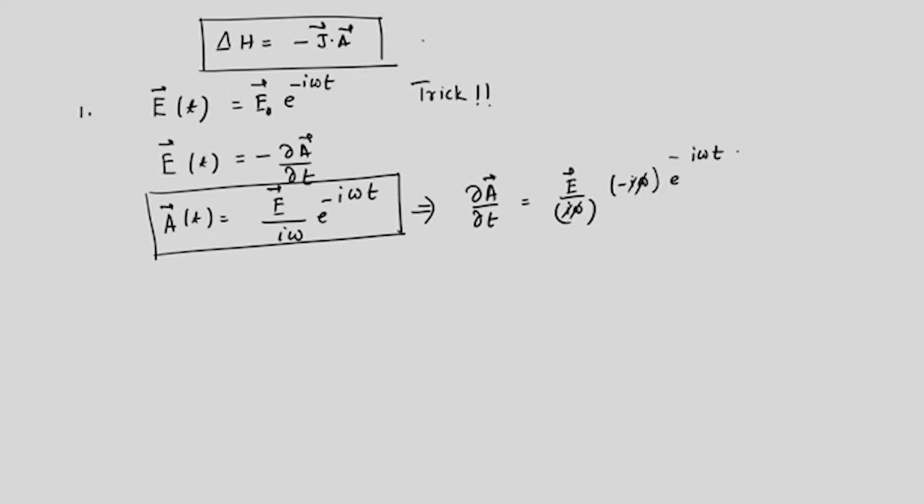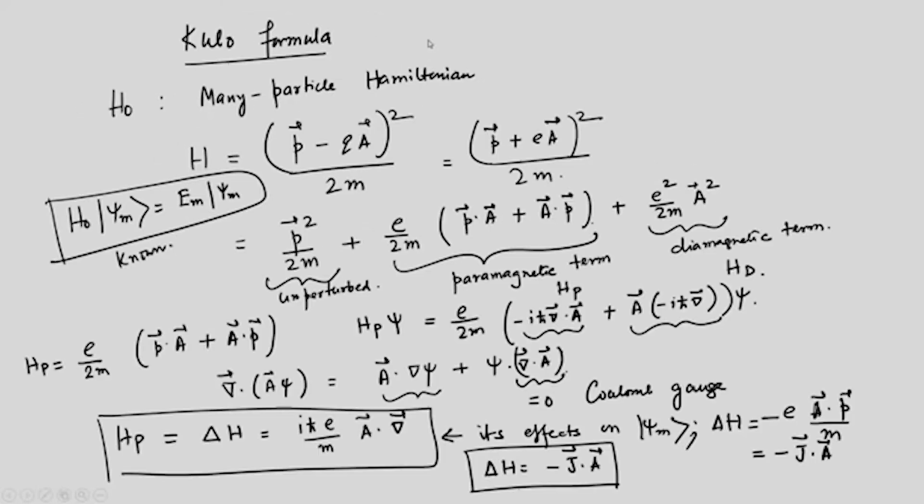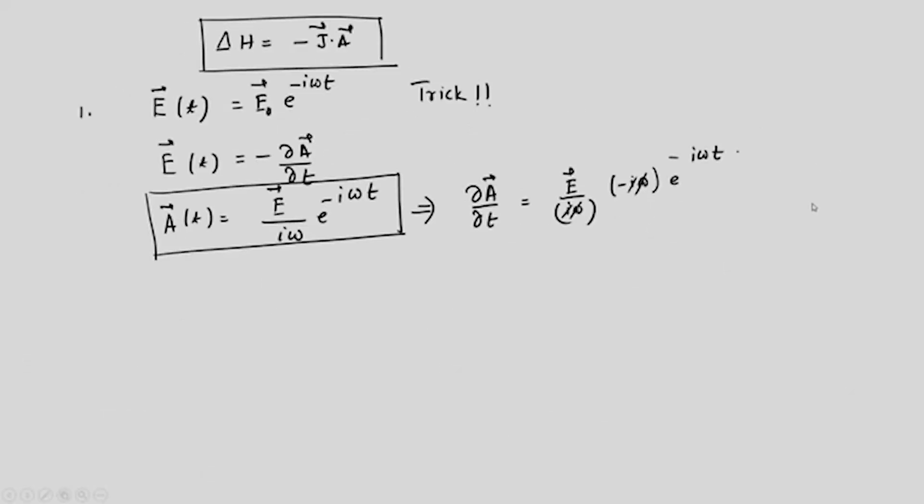We can put that back into this equation. So, let me now go one step back and start naming these equations. So, let us call this equation 1, and this perturbation term equation 2, and let's call this equation 3 and so on.